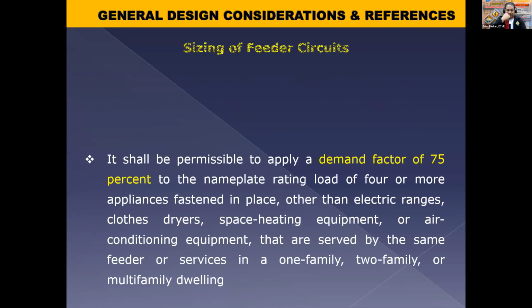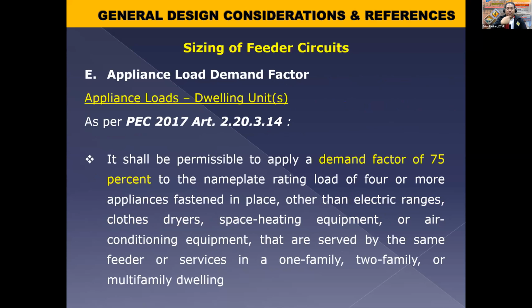So for appliance loads in dwelling units, it shall be permissible to apply a demand factor of 75% to the nameplate rating load of 4 or more appliances. Okay. So kung meron tayong sa isang circuit, or sa isang panel board, na 4 or more appliances na dedicated or fastened in place, pwede nating applyan ng 75% ang total of those fastened in place.